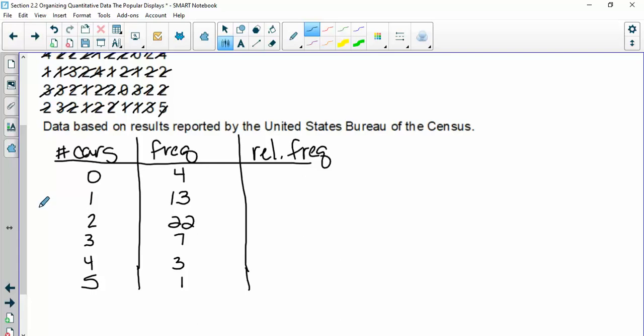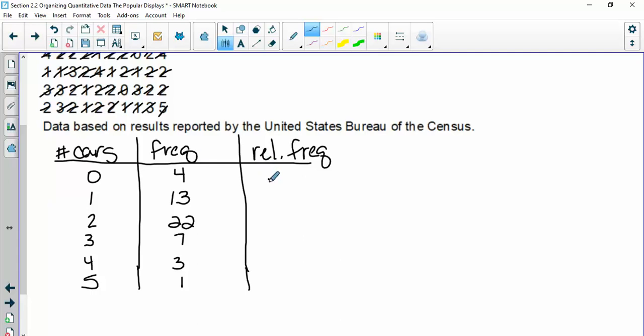So frequency distribution is still helpful even if we don't have qualitative data. How did we do the relative frequencies? Right. The frequency divided by the total. What is my total here? 50, because we have 50 cars, or 50 families.